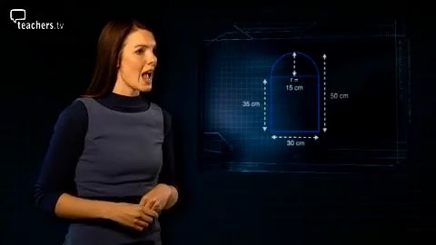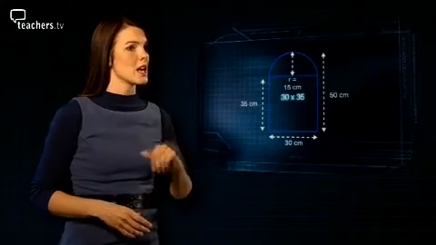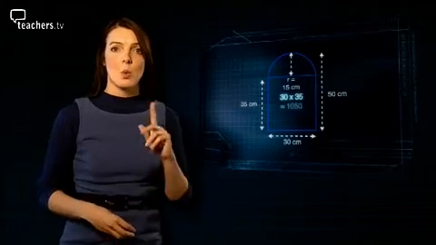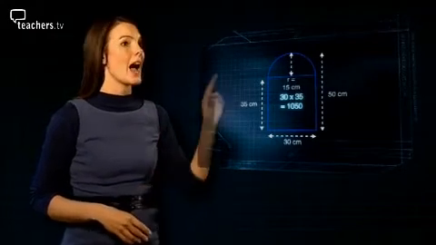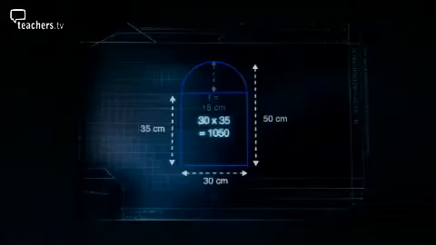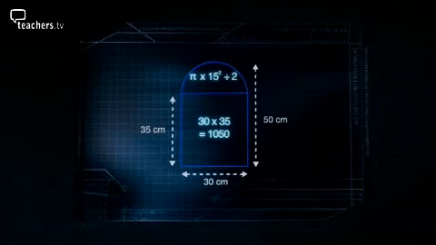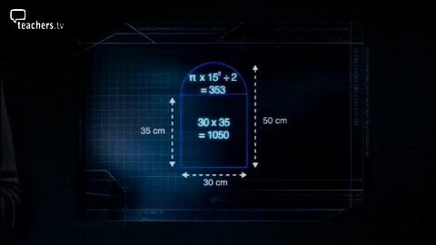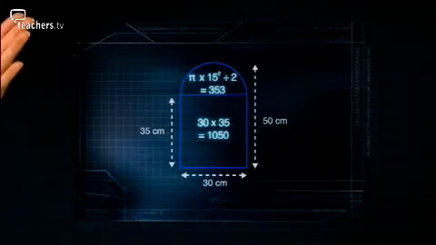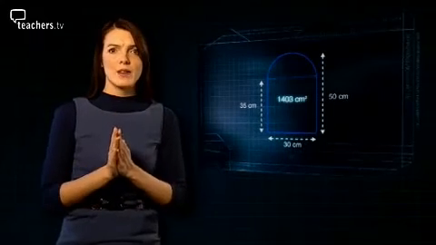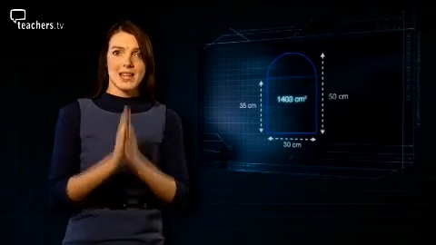So now we can work out the area of the rectangle, which is 30 by 35, and that gives us 1,050. And with the semicircle, its area is pi times 15 squared divided by 2, which is approximately 353. So that means the total area is about 1,403 square centimetres.